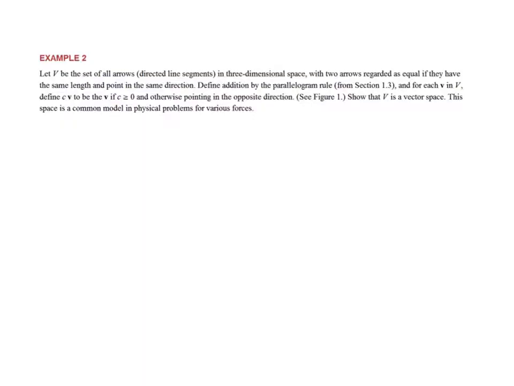The set of arrows that point in directions is considered a vector space. Even if we don't assign numeric value to them, they still satisfy those 10 axioms, and we could show how they satisfy those 10 axioms, which is kind of cool. We're not going to, but they're considered a vector space, whether we write them with numbers or just consider them as arrows that point in directions.